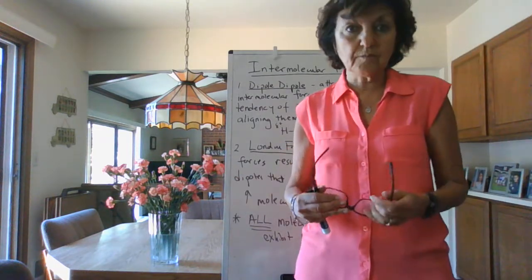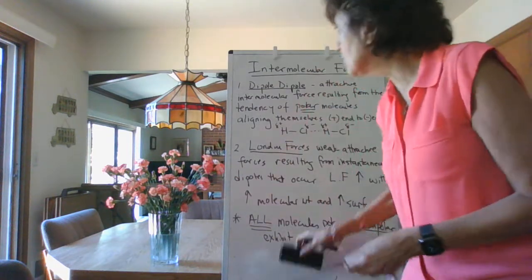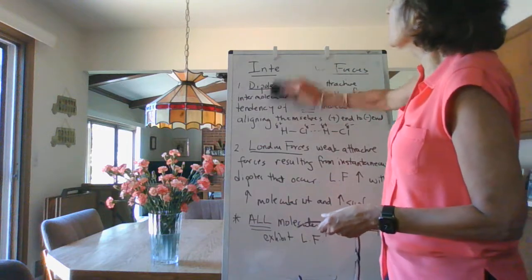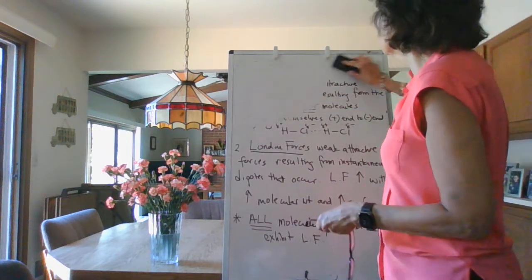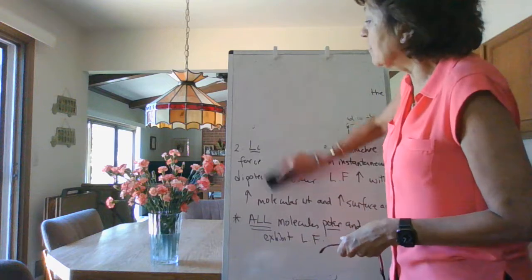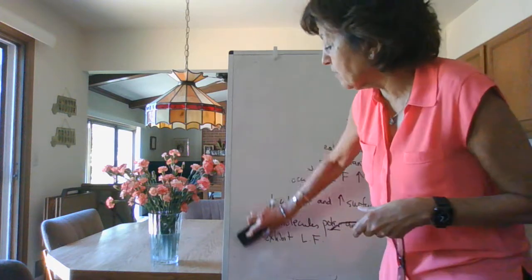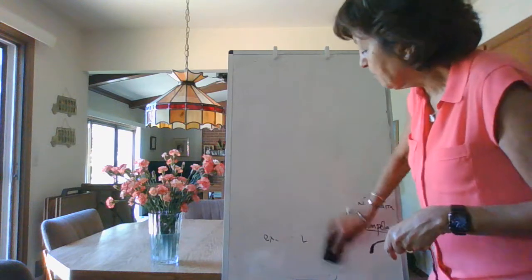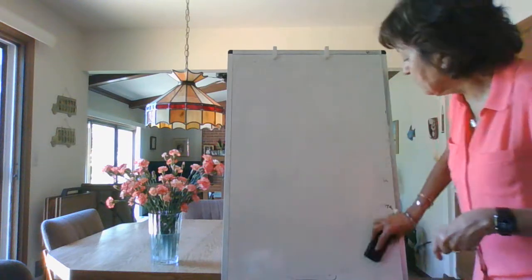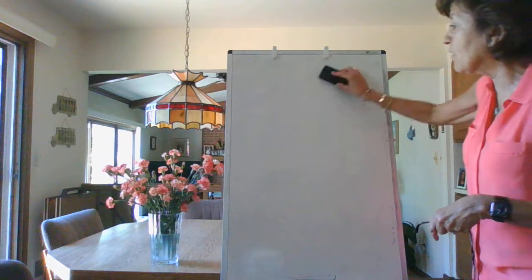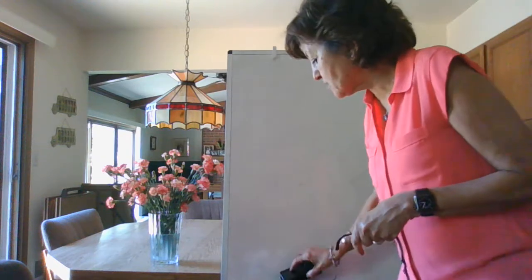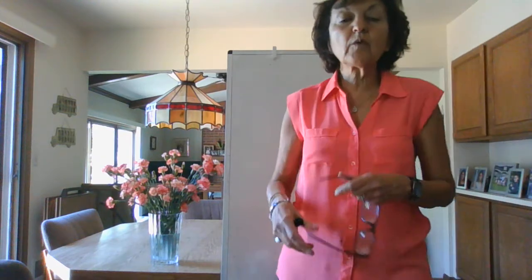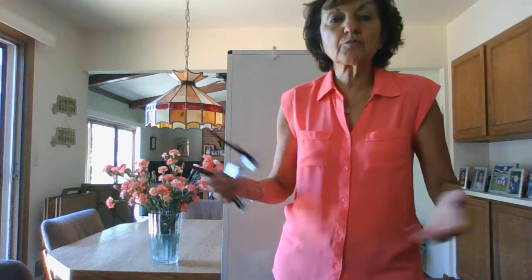Okay, now we'll move on to the strongest of the three intermolecular forces, which are hydrogen bonds. As a biochemist, when I teach organic and biochemistry, I always make a big deal about hydrogen bonds. My students joke around and say, well, when in doubt, say hydrogen bond, because that's probably the answer.